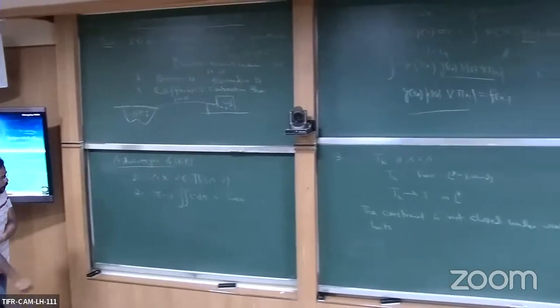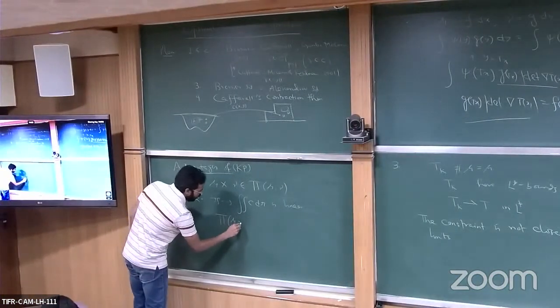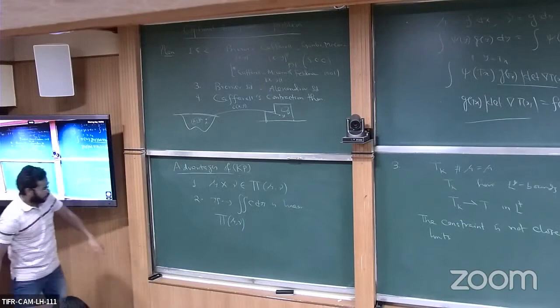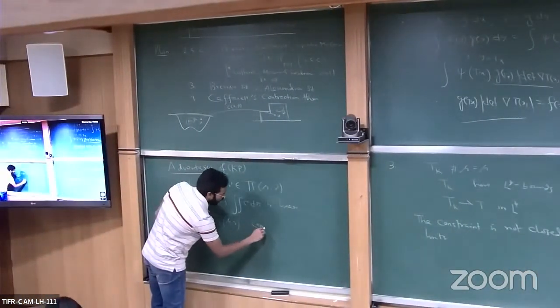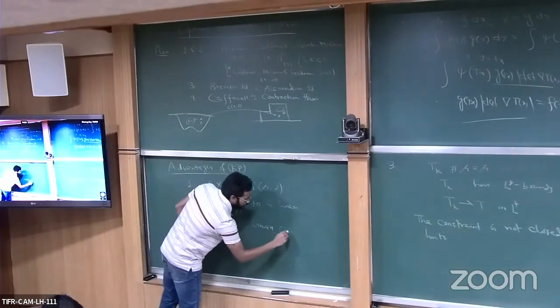And thirdly, this set capital Pi of mu, nu, I am going to prove in a moment, is actually convex.